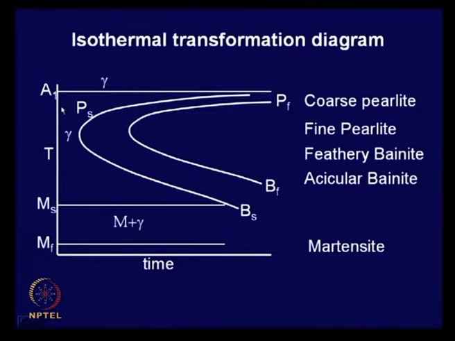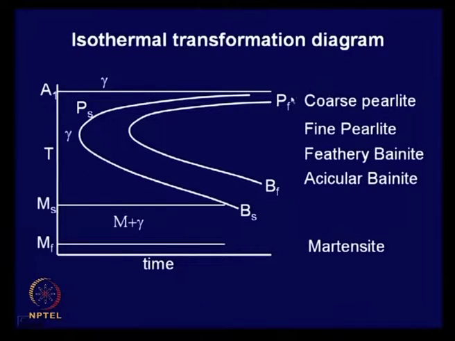If you cool it at different isothermal temperatures, this is the time you have to allow for the transformation to start, and this is the time when the transformation is complete. And if you keep the steel at this temperature and allow the transformation to be complete, you will get a coarse pearlite structure.